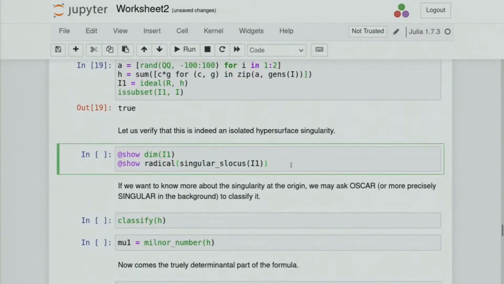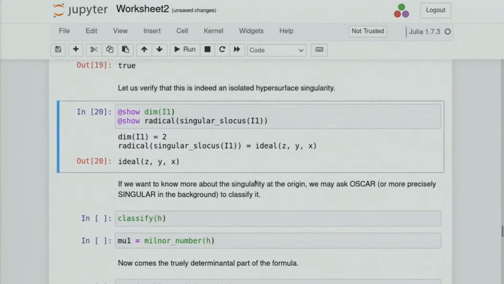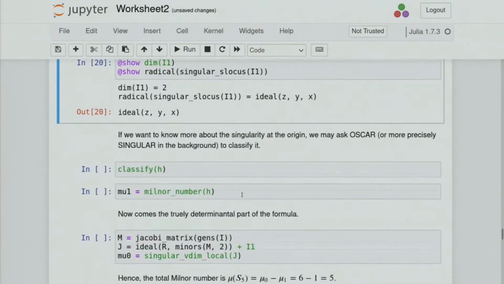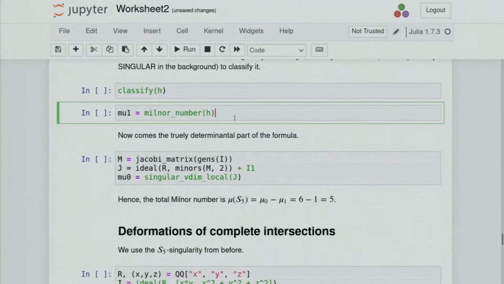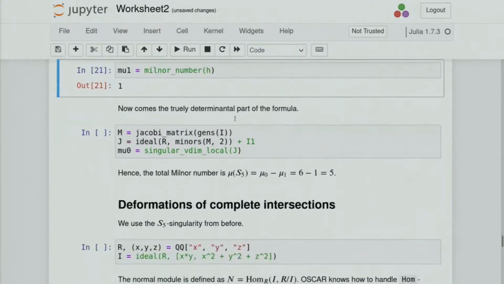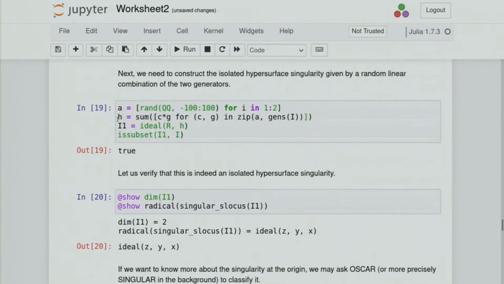So let us verify that this other bigger ICEs also has an isolated singularity and is of the correct dimension. It's all fine. The random choice was sufficiently random. So let's compute the Milnor number of this ambient ICEs, H. H was the generator of this I1, right?